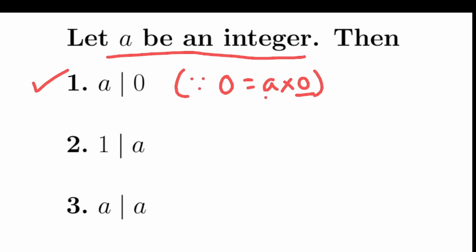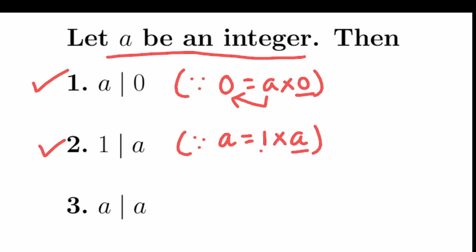So by definition of divisibility, a divides 0. Let's prove 1 divides a. See, we can write any integer a as 1 into a, and a is an integer, means we have an integer a for which a is equal to 1 into a. So we can say that 1 divides a.